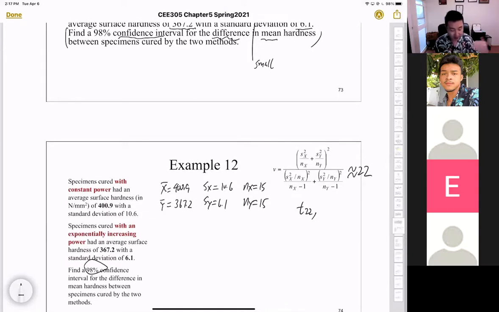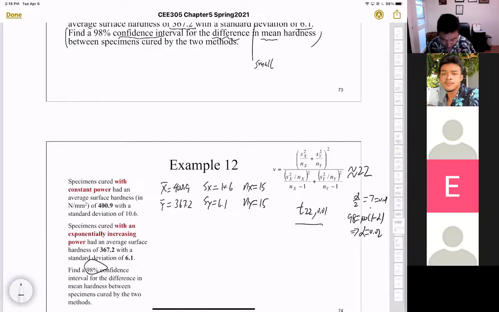For 98% confidence interval, the half alpha: 98 equals 100 times 1 minus alpha. So it turned out alpha is equal to 0.02, so half alpha will be 0.01.